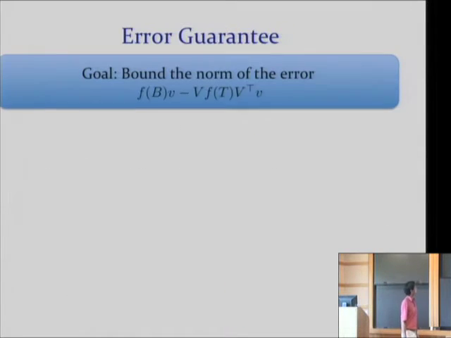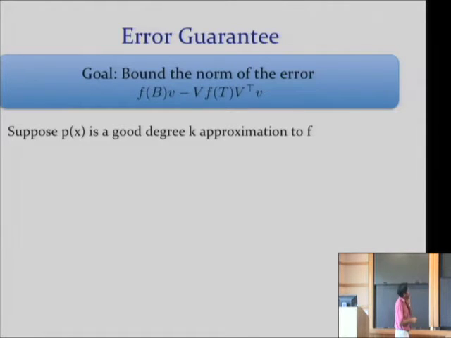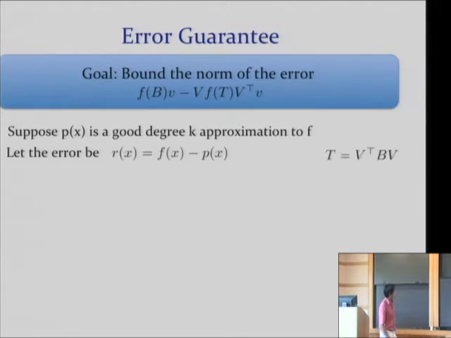Good. I want to show you why it's like the best polynomial. So this is the error we want. f of B V is what we want to compute, and this is our approximation that we are returning. So let's say P of x is a good, even think of the best degree k polynomial approximating the function. What I'll do is write f of x as the polynomial P and a remainder function, right?